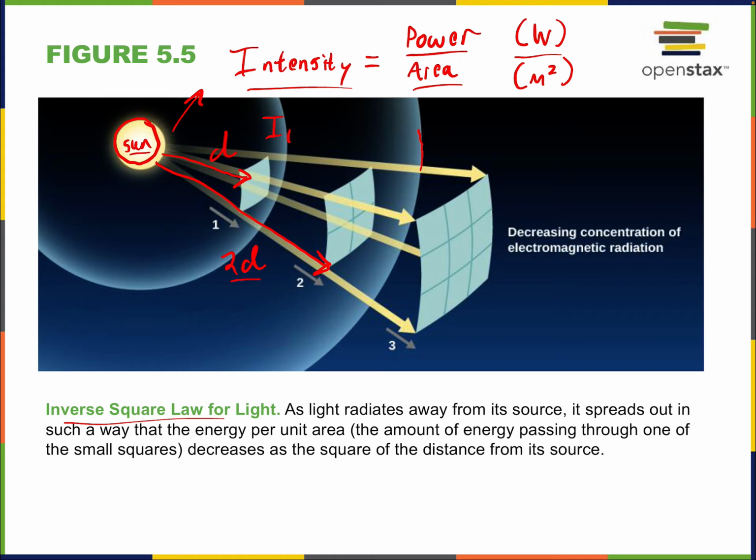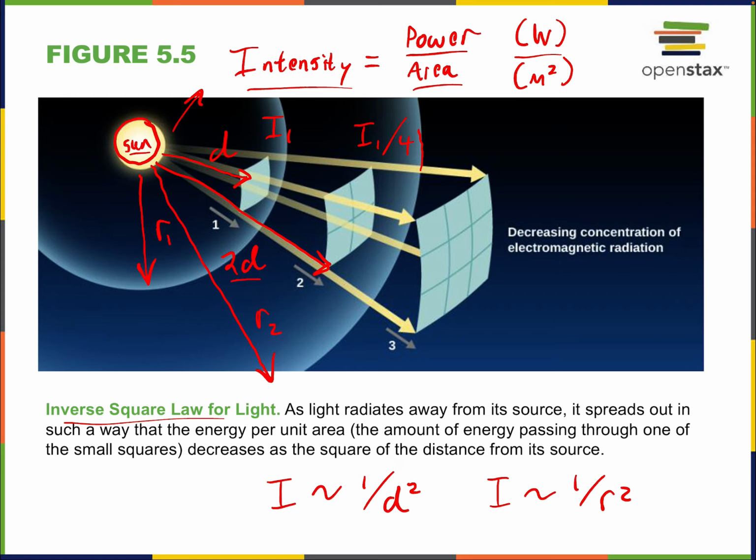But when we've doubled it, now our intensity is that initial intensity divided by 4. Not divided by 2, but divided by 4. Why? Because of that square relationship. We say that intensity is proportional to 1 over the distance squared. We could also say the intensity is proportional to 1 over the radius squared, because we often talk about the radius of that imaginary sphere that the energy is spreading out over.